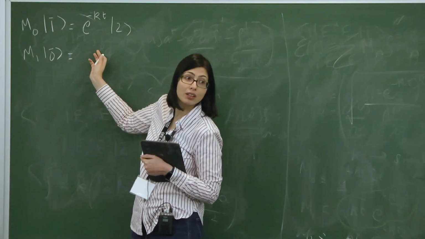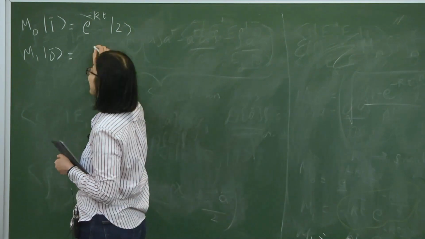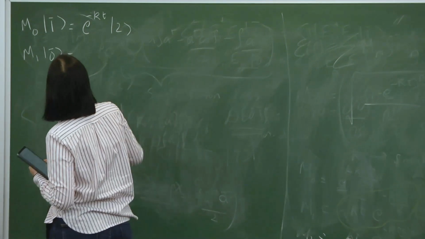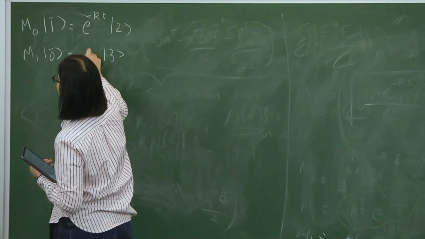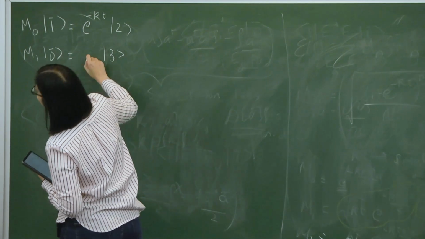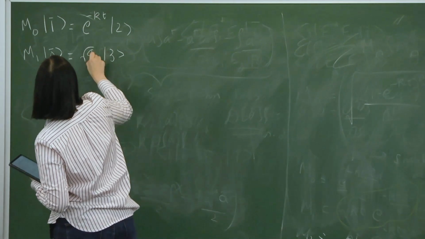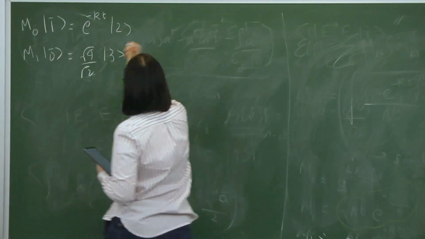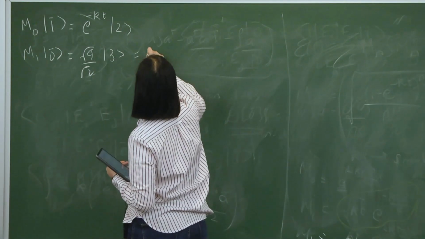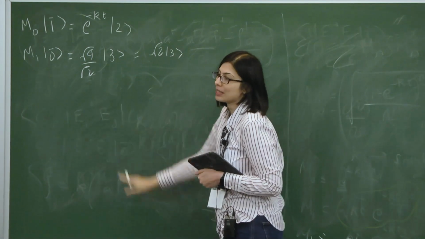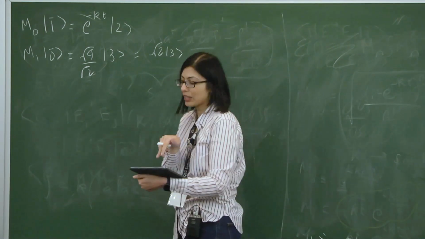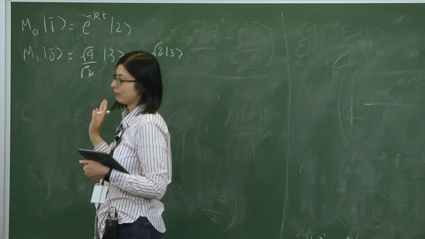Prefactor? All right, so that'll be square root of 4 by square root of 2. There you go, so I don't make any mistakes. If I make a mistake here, please let me know. I'm not looking at my notes all the time, so I may make some mistakes.